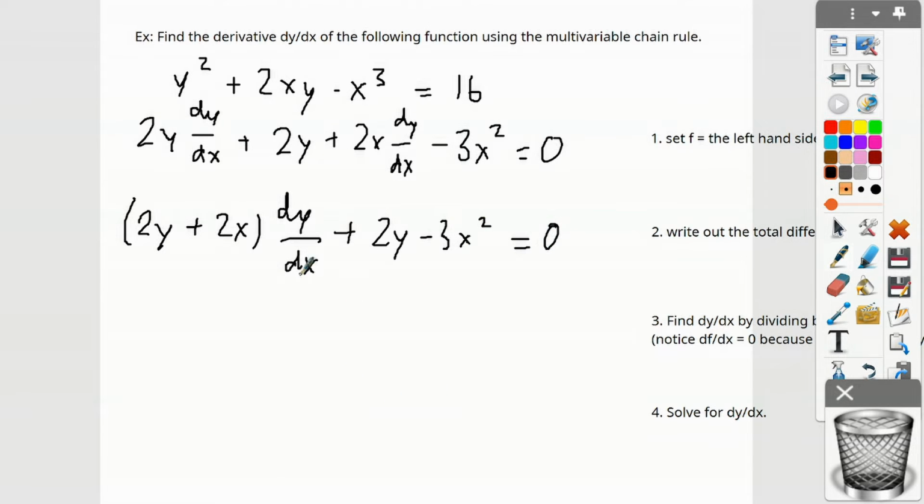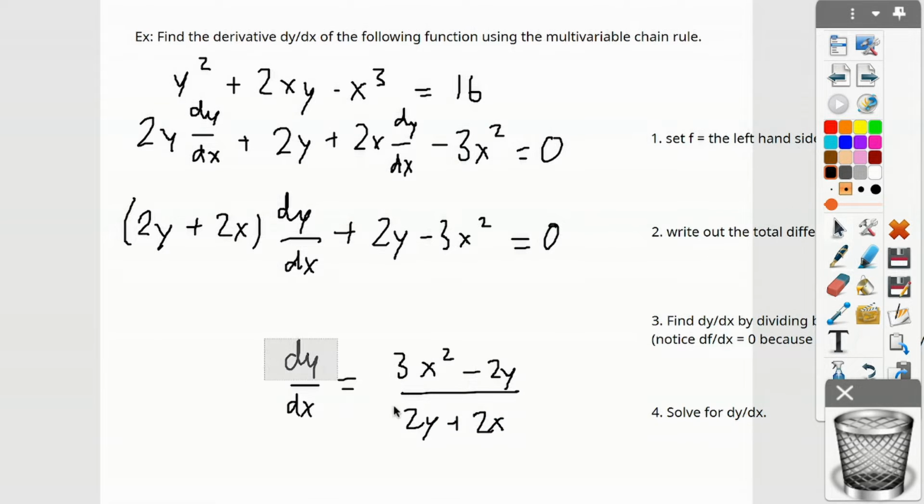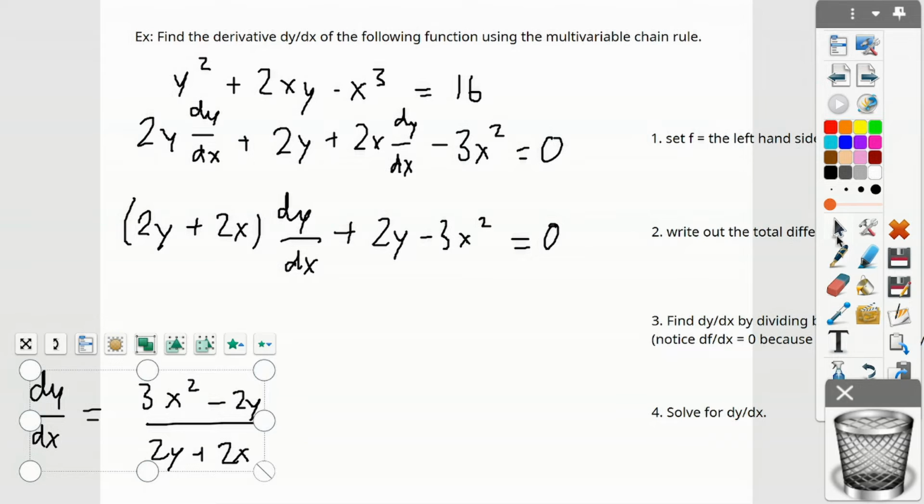Now, I'm going to solve it, but then I will enlighten you guys with the knowledge. So first of all, the solving: dy/dx is equal to 3x squared minus 2y over 2y plus 2x. That's very nice. But here's the knowledge enlightening moment.